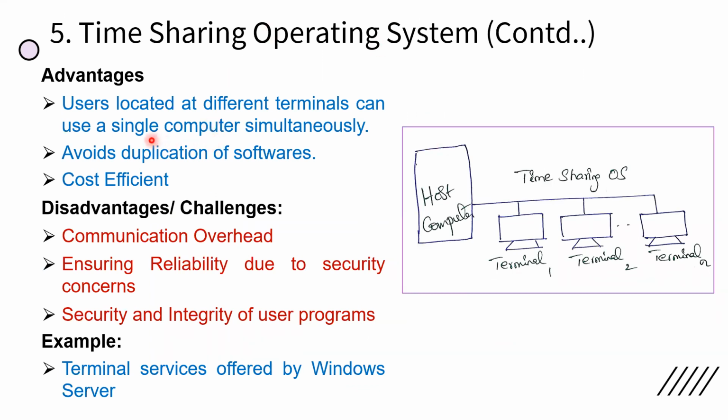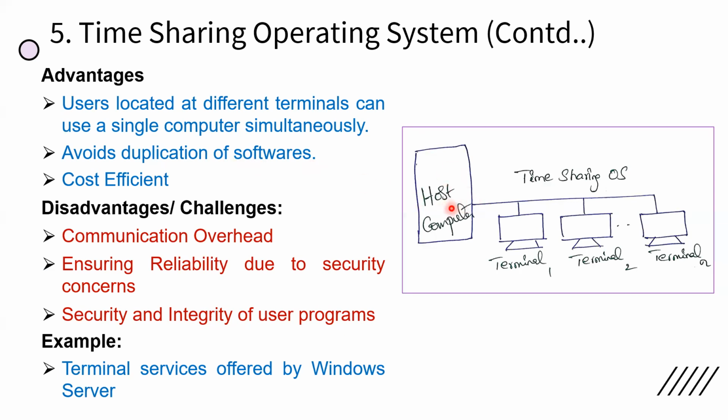Coming to the advantages and drawbacks of time-sharing operating systems, users located at remote terminals can access the single computer simultaneously. That means though they can be located at different places, they are able to use the computer in parallel. And it avoids duplication of software.